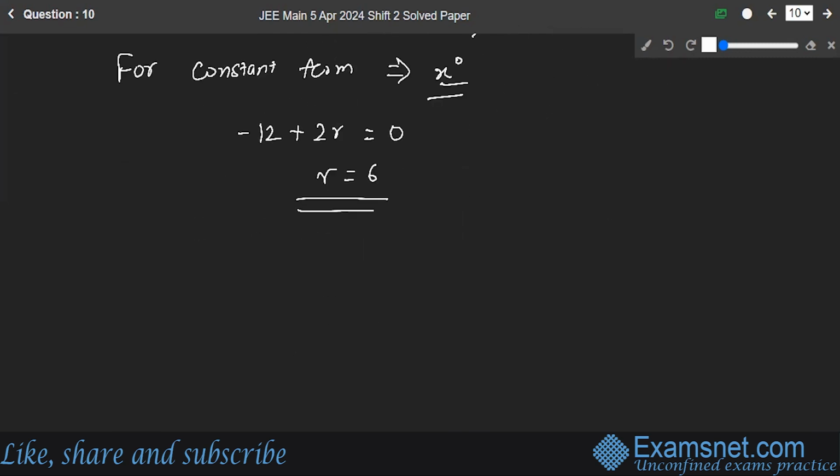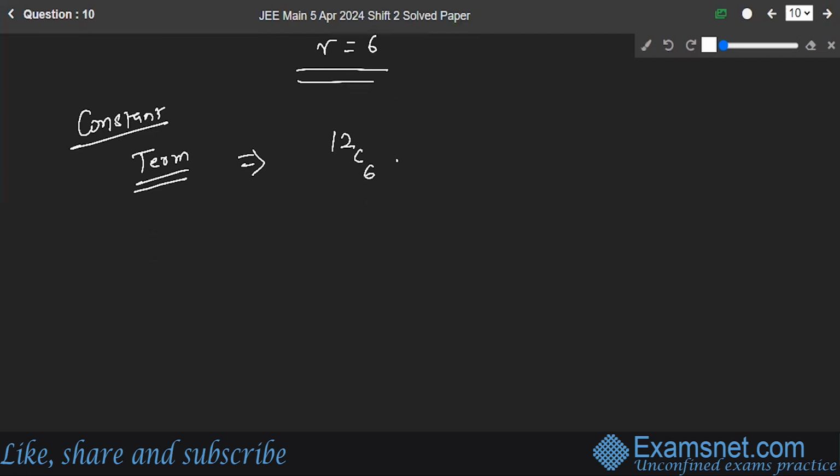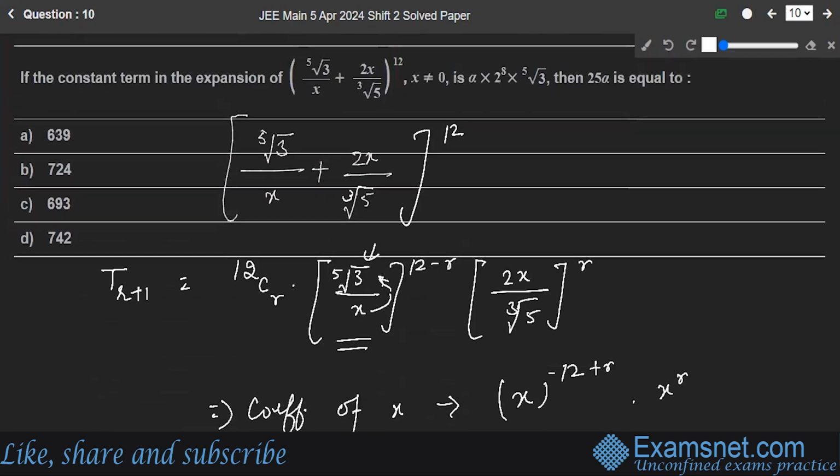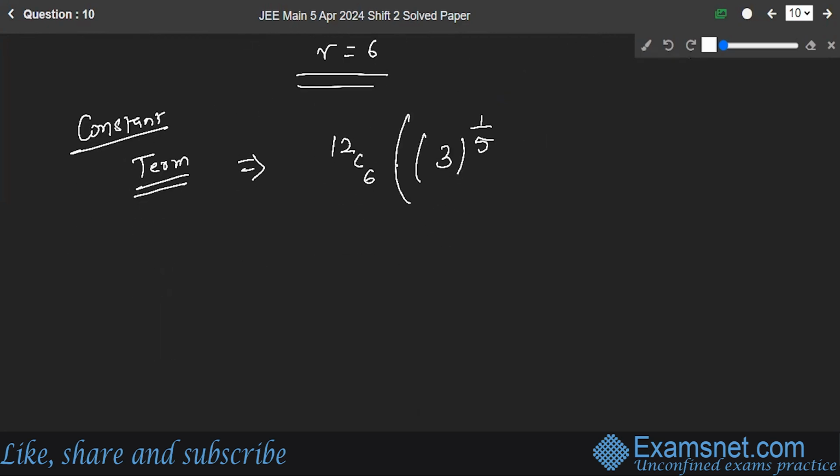So that means the constant term will have the coefficient 12C6 multiplied by, this is your first term, fifth root of 3. Okay, and give me a minute. Here was 12 minus 6, so this will be 6 only.